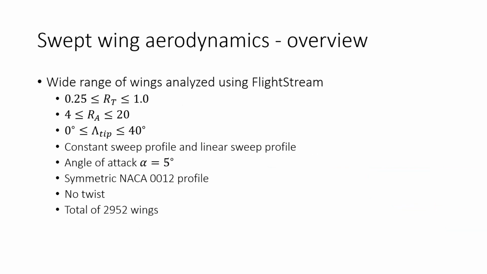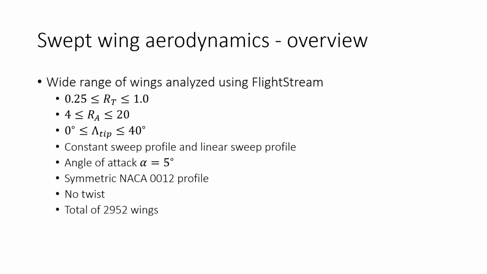And again, I looked at a wide range of wings, this time using Flightstream, which is a much more modern panel code than Panair, so it did not have limitations of needing elliptic wings. Taper ratio, I varied from 0.25 to 1, aspect ratio from 4 to 20, tip sweep from 0 to 40.